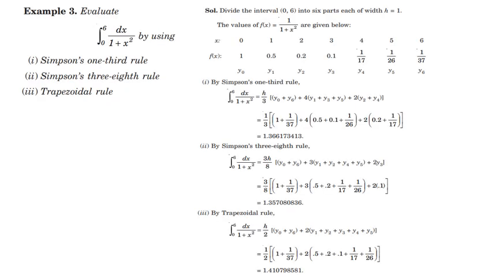So if you just change the function, here you can see that this numerical is solved using all three methods, that is Simpson's one-third, Simpson's 3 by 8 and trapezoidal. If you use Simpson's one-third, it is going from 0 to 6.